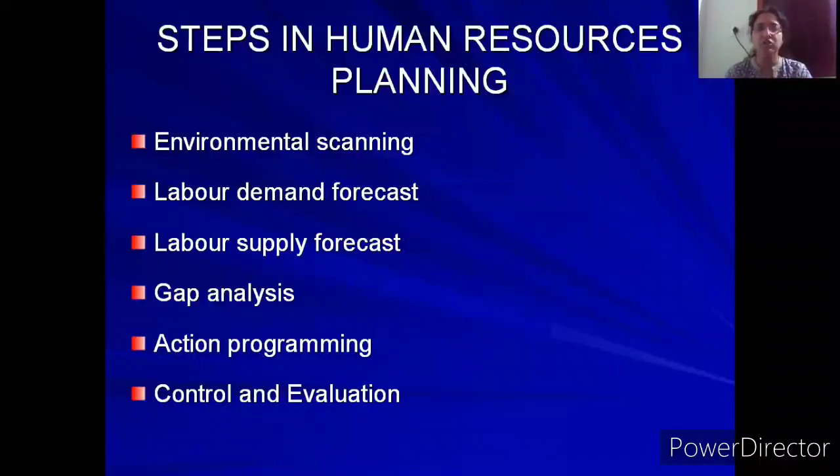Finally, you have control and evaluation. Based on the plans, work is going on now. Whatever work is going on may not go according to whatever was planned. Deviations might occur. So in control, the company will try to look for deviations and try to correct them. I'll give you one small example. Let us say the company has given a budget of a total of 10 lakhs to hire its candidates.